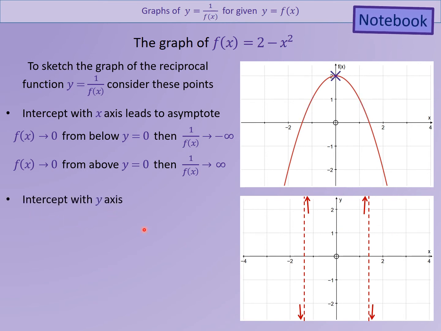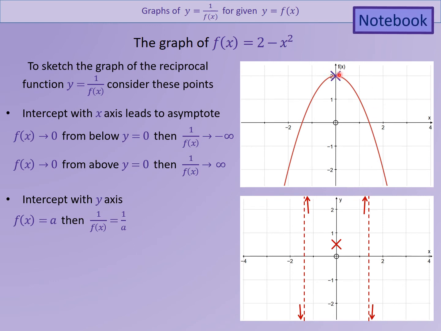The next thing I need to do is find the intercepts with the y-axis. We didn't do this on the previous one because it crossed at (0, 0). But if we look at where it crosses the y-axis just here, it crosses at 2. For the 1 over graph, whatever a is, the 1 over f of x function will be 1 over a.